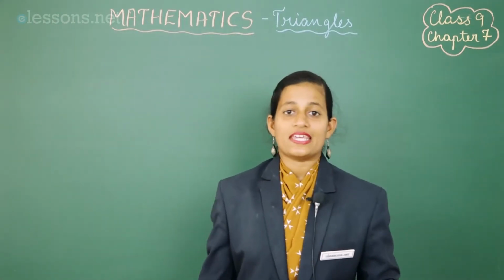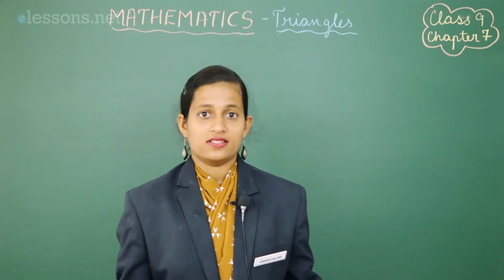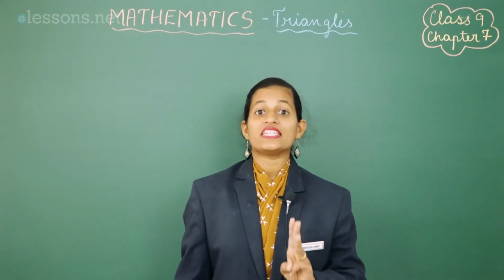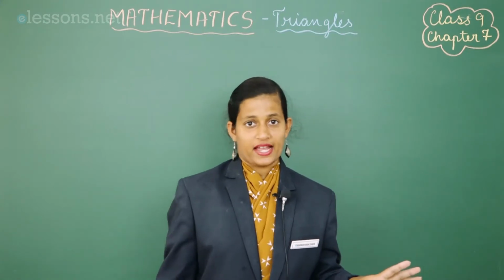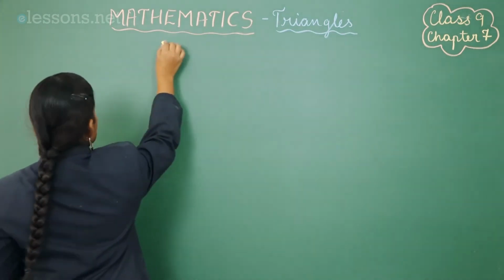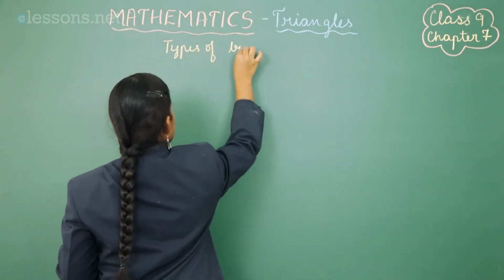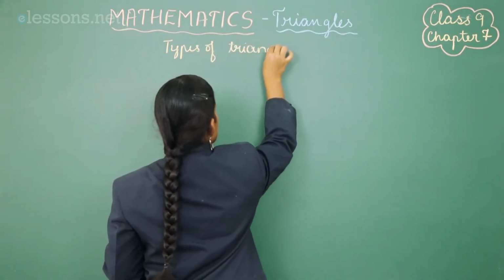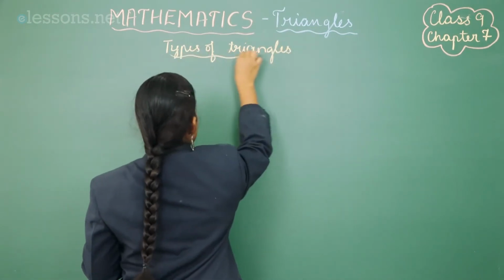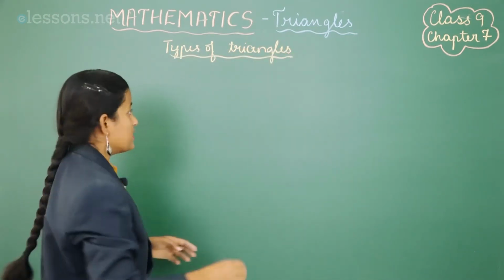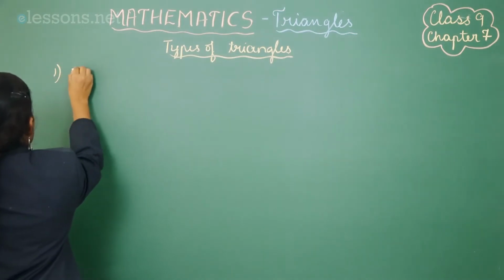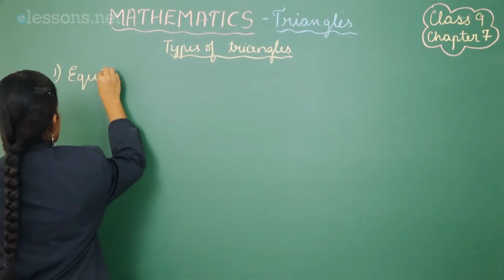Let us now see the types of triangles. Basically there are 3 main types of triangles. The first one is the equilateral triangle.